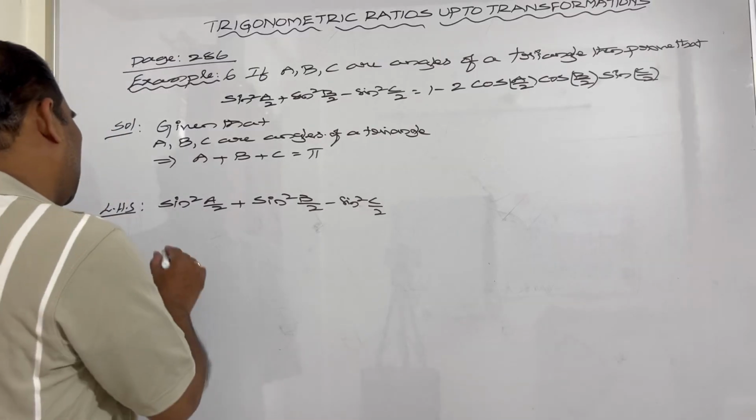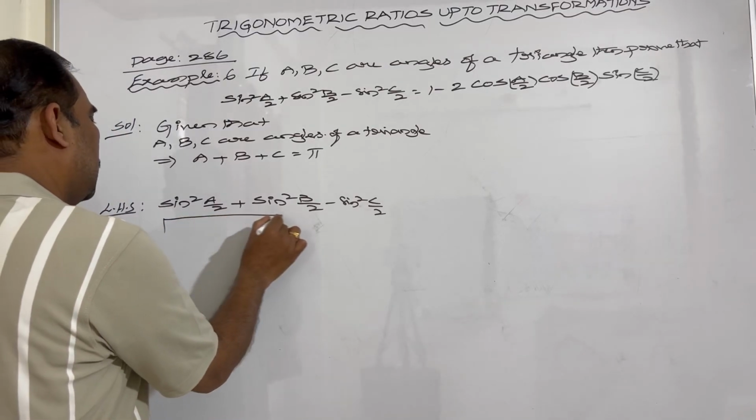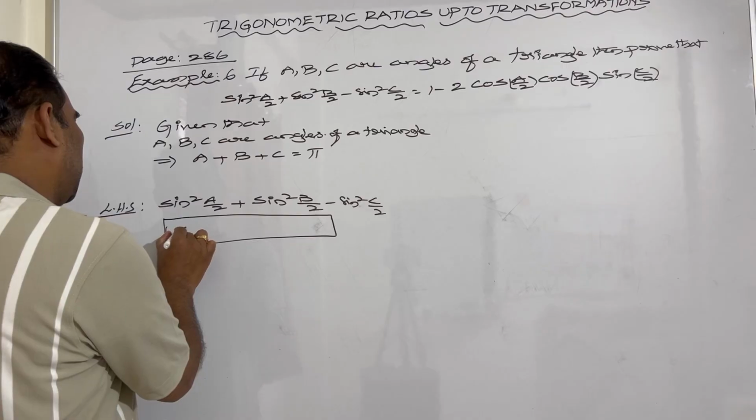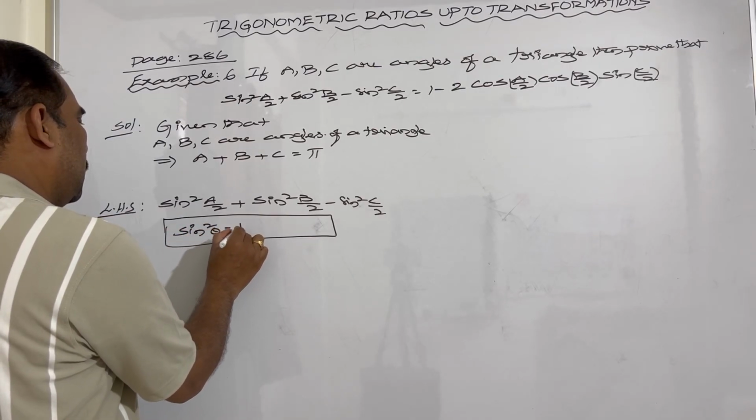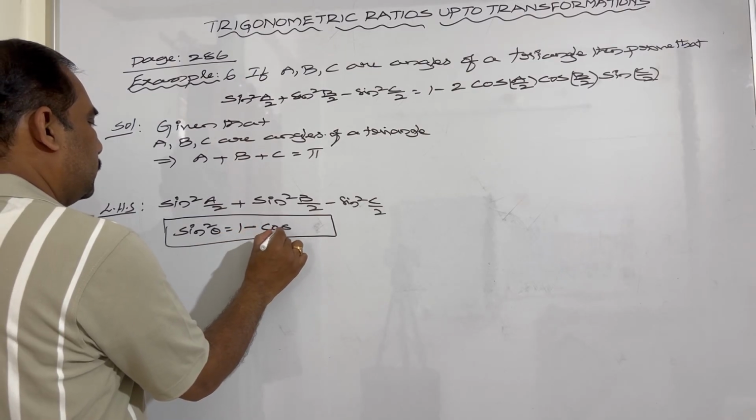Now here we know that sin square theta is equal to 1 minus cos square theta.